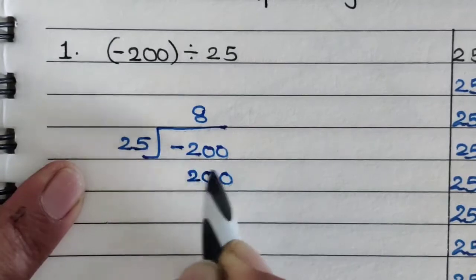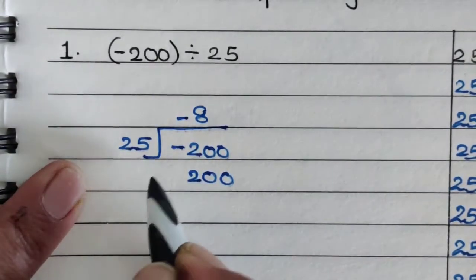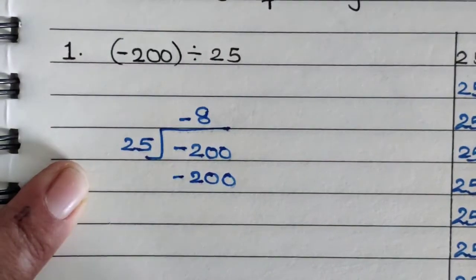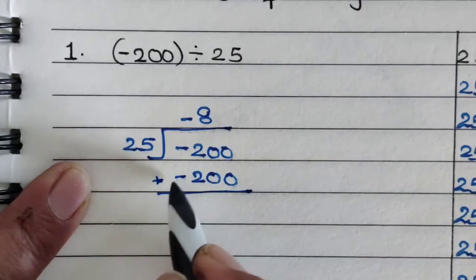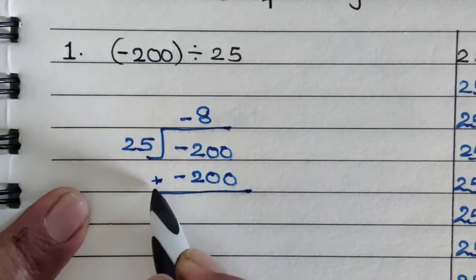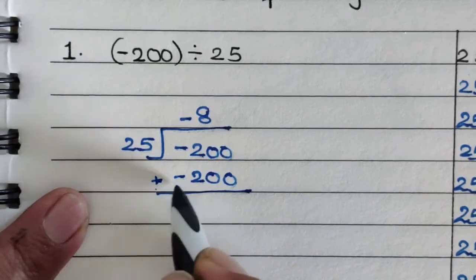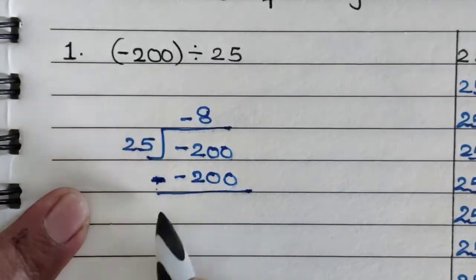Now we want the minus sign also. So what are we going to do? 25 times minus 8 is minus 200. This sign changes to addition when we are subtracting, so minus and minus will become plus, and 200 will get minus.